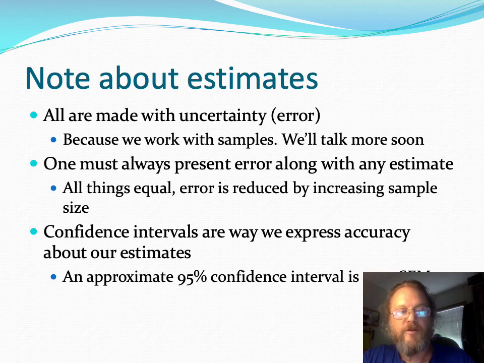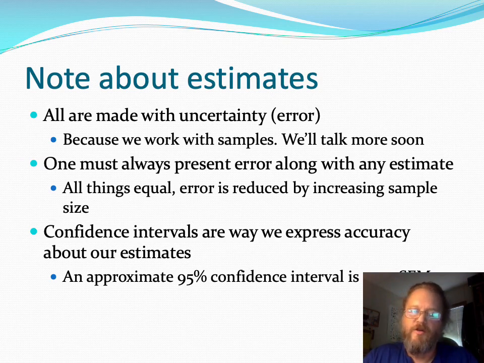And so we calculate things called confidence intervals. An approximate confidence interval, and it's kind of missing here, is plus or minus 2 times the standard error of the mean. Just an approximation, but if you have large samples, it's a pretty good approximation. Okay, and we'll introduce you to the standard error of the mean here in just a moment.